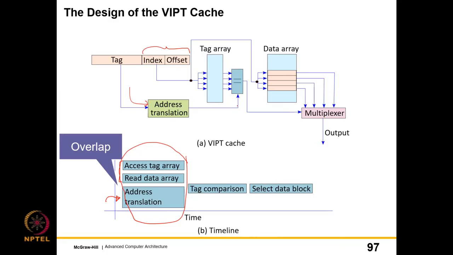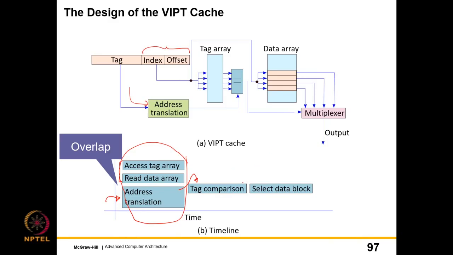After that, I can perform the tag comparison because I'll already have the tag. I'm essentially saving a cycle here. Instead of this process being sequential, where I translate the address first and then access the cache, I'm deliberately introducing an overlap to reduce that extra one cycle.